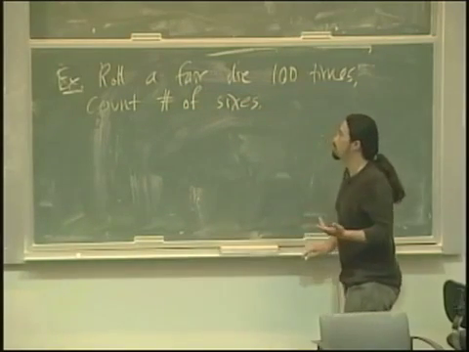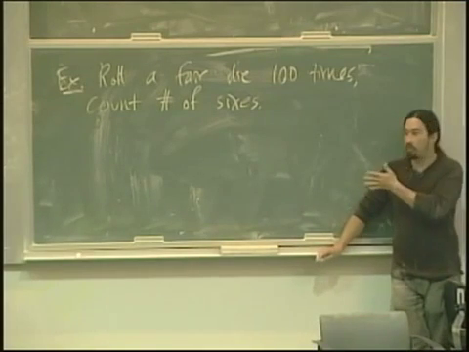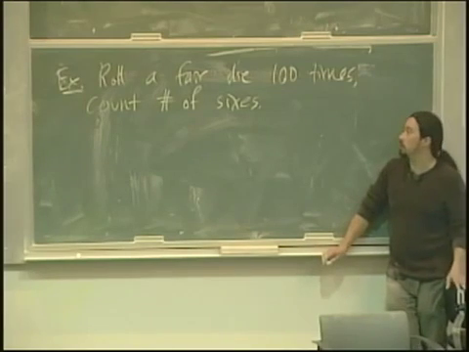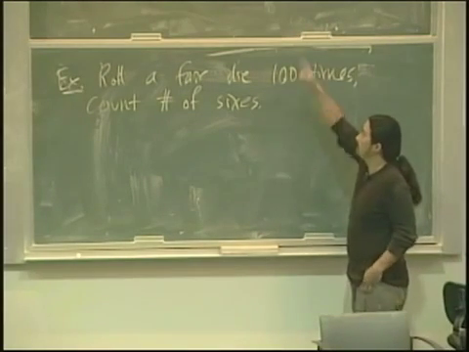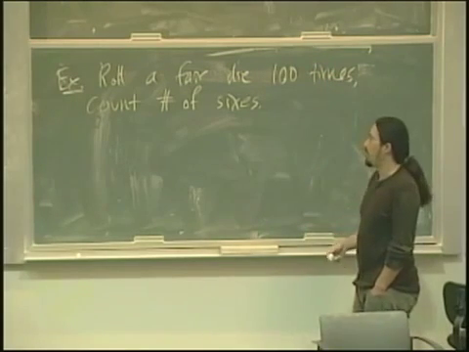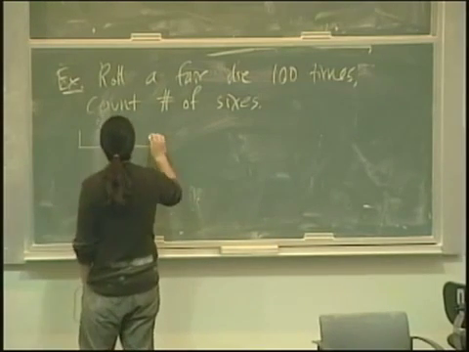Last time I made a box model for just die rolls: 1, 2, 3, 4, 5, 6. If I want to take the sum of the actual die rolls, that's what I would use. For counting the number of sixes, I'm classifying the sixes as the things that I want to count, and everything else is a 0. So that's going to look like this.